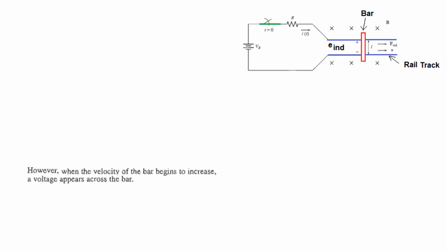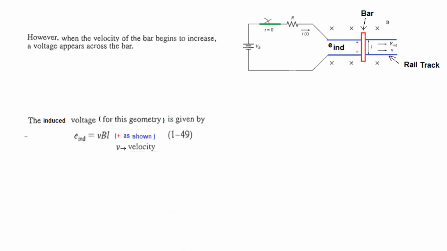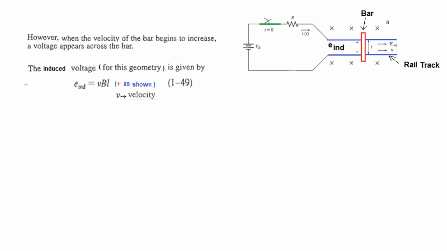Okay, now let's see the scenario. When the velocity of the bar begins to increase, moving in the right hand direction, there will be a voltage. We know that when a conductor moves in a magnetic field, a voltage is induced in it. So there will be a voltage across the bar, and this induced voltage depends on the velocity with which the bar is moving.